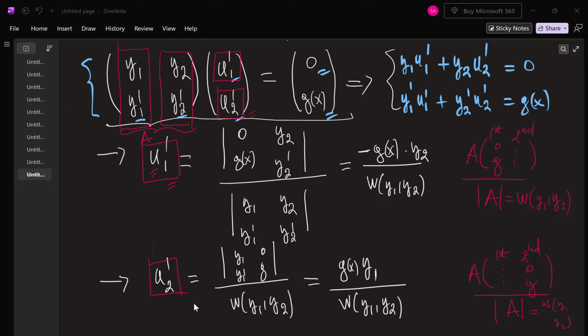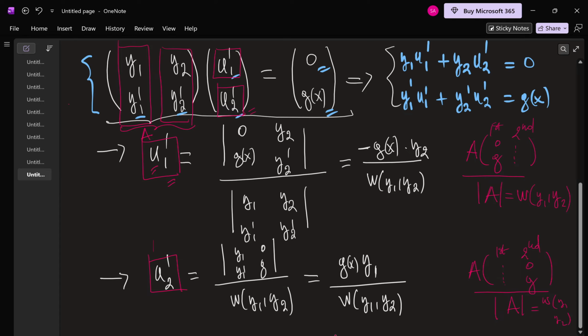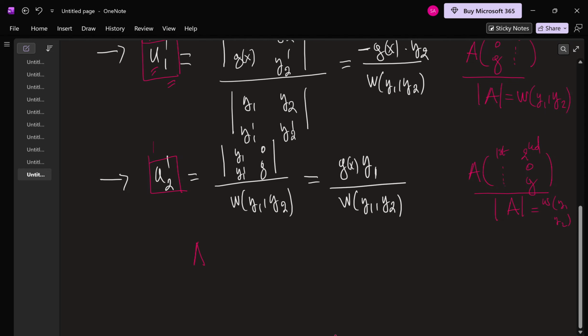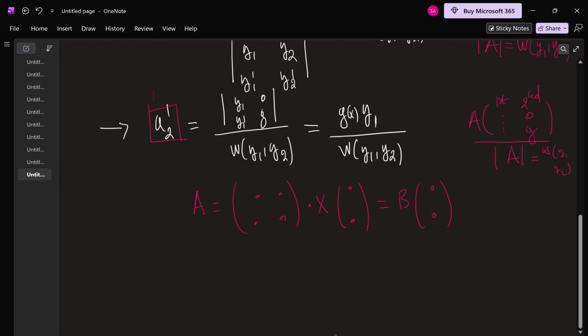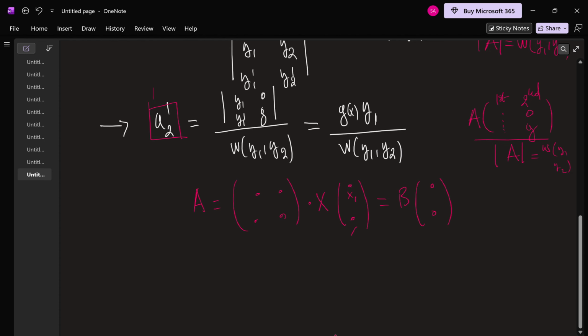So in one sentence, with Cramer's rule you replace the vector B. I will summarize it here. Suppose you have a matrix A like this, multiplied by x, which is a vector of unknown variables, and it is equal to some vector B. So this is x1 and this is x2.